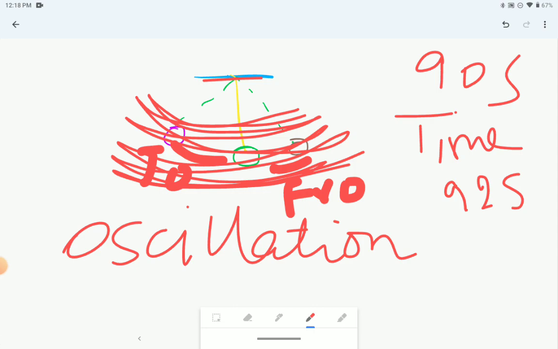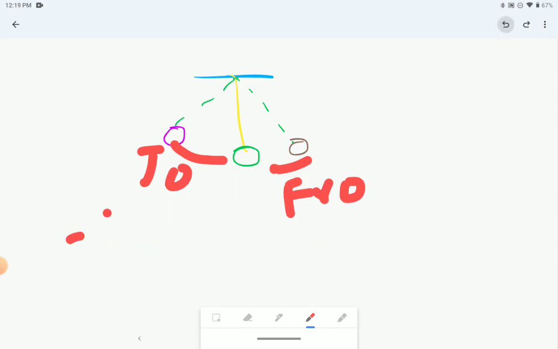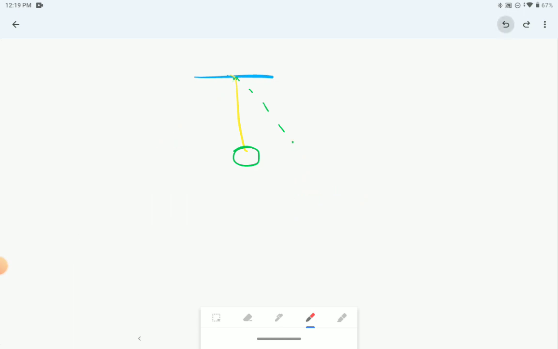And like that, he repeated it 4 times. Did you understand? So for the 4 times, he got 4 observations, that is, the time period came out 4 times.